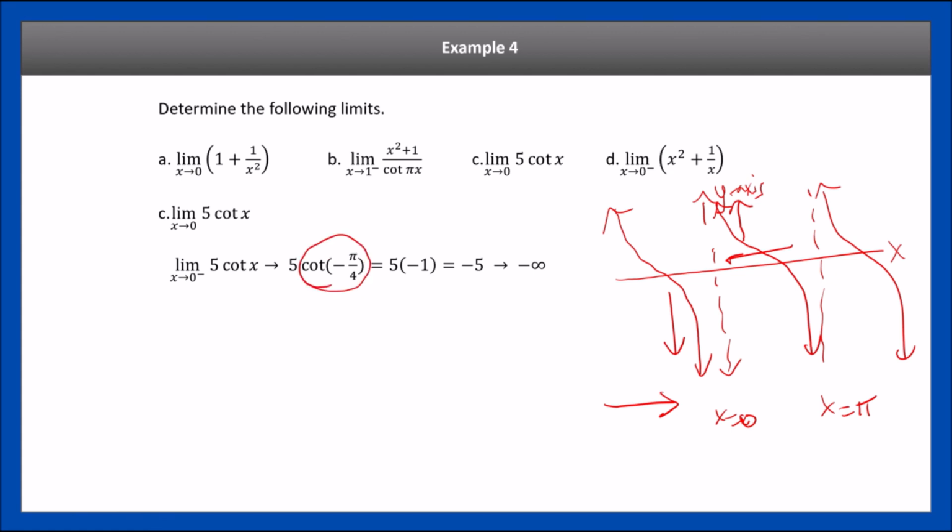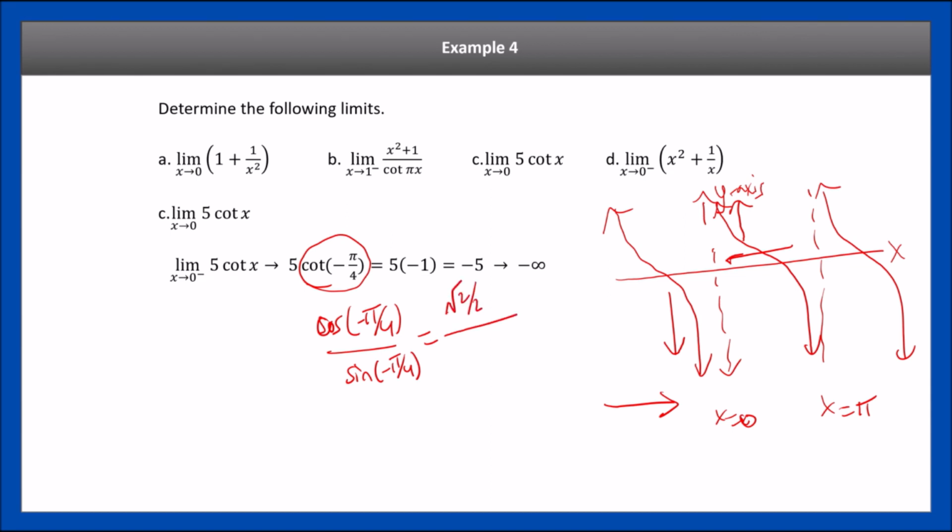Cotangent of -pi/4 is cosine of -pi/4 divided by sine of -pi/4. We know that cosine of -pi/4 is 1 over square root of 2. I'm just going to write it as square root of 2 over 2.